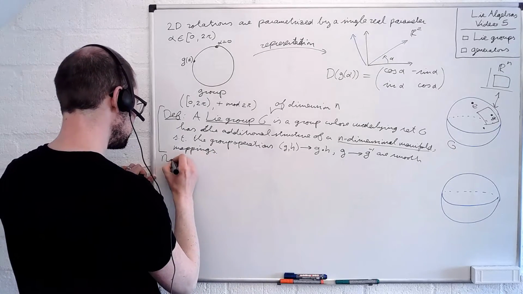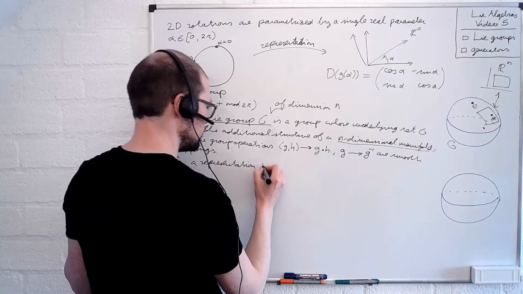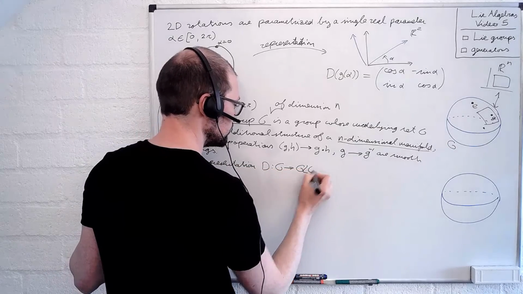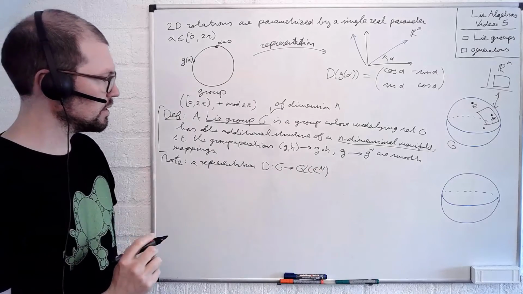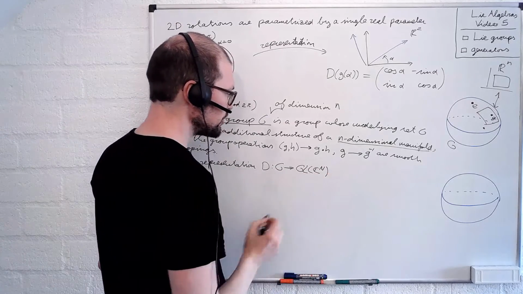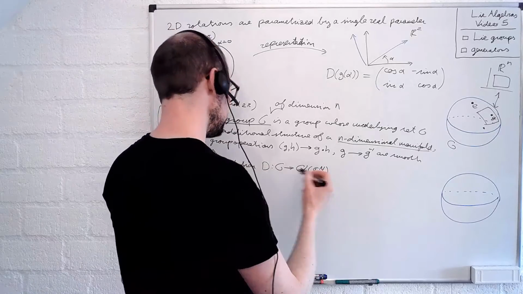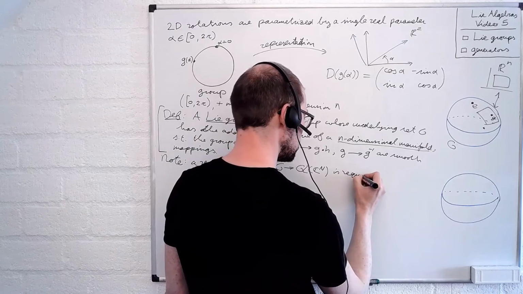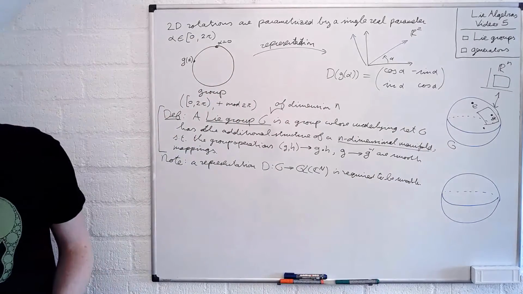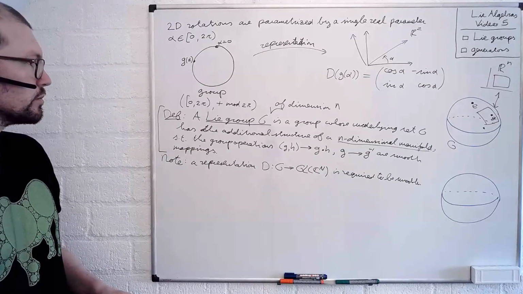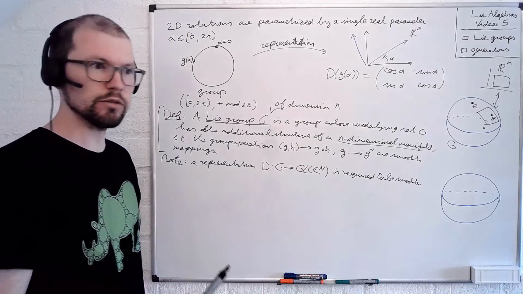So note, a representation of a Lie group is a mapping from G to the capital N by N complex matrices, and we really want these matrices to depend smoothly on the group element. The representation is required to be smooth. Okay? And this is certainly the case in this example, because the trigonometric functions are smooth functions of alpha.